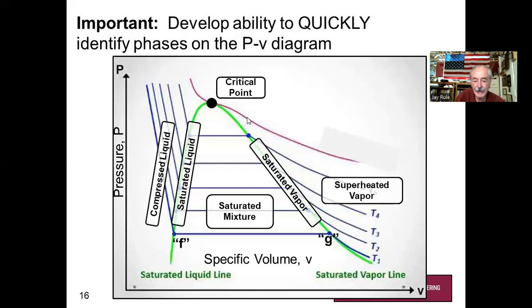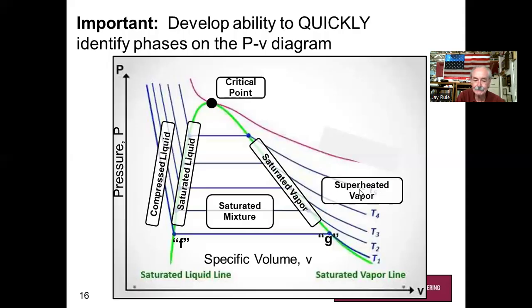If you're to the right of this vapor dome, you're superheated vapor. Now, that's very important for us engineers who are trying to, let's say, make electric power in a steam power plant, when we're trying to use steam to accomplish some heating objective, things like that. So to the right of this vapor dome is superheated vapor.